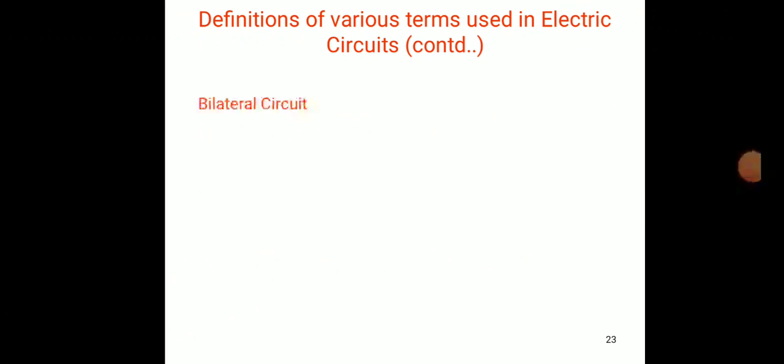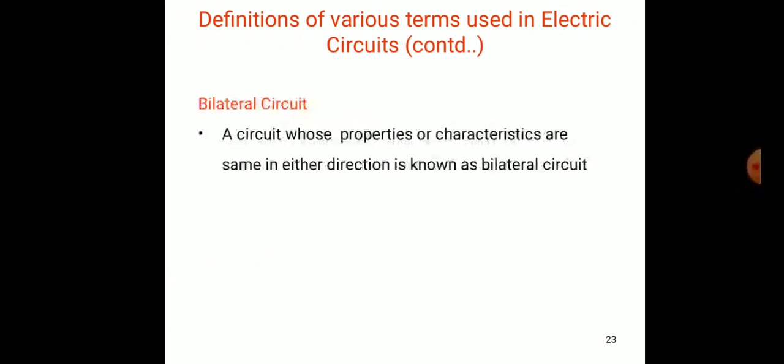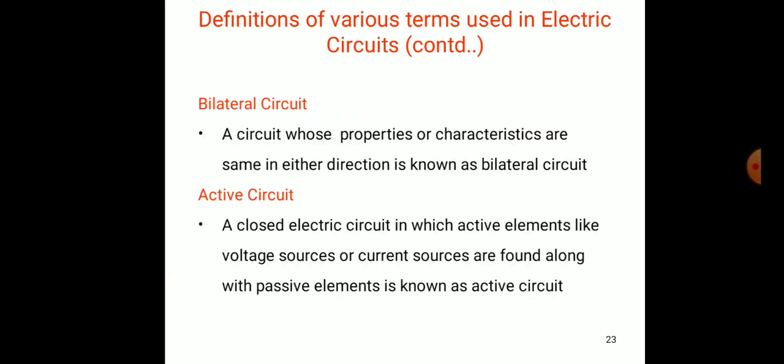Unilateral circuit. The bilateral circuits. We have different circuits like that, as you can see. Bilateral circuit: a circuit whose properties or characteristics are the same in either direction is known as a bilateral circuit.